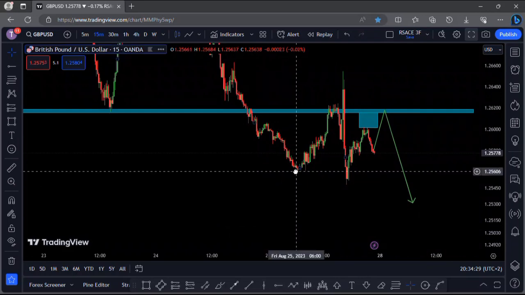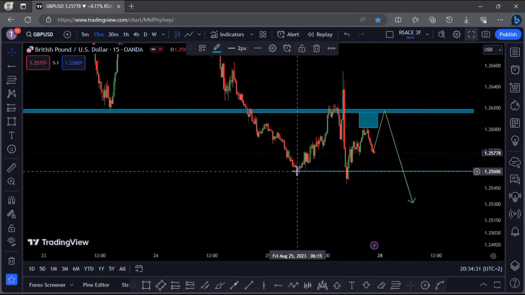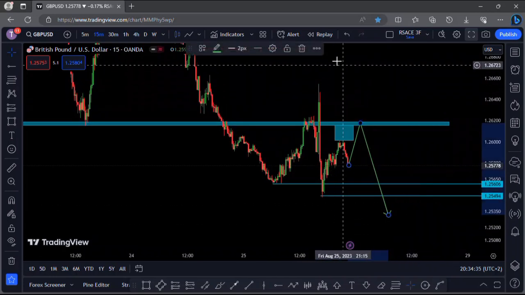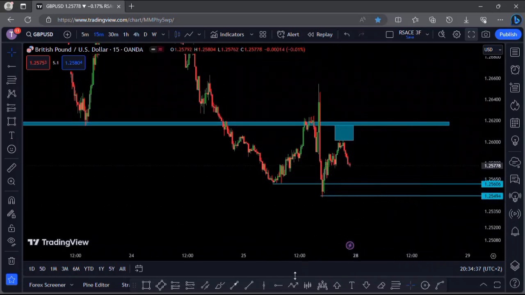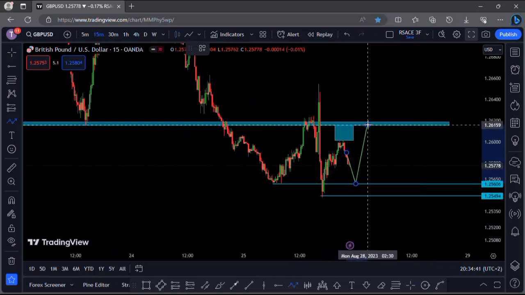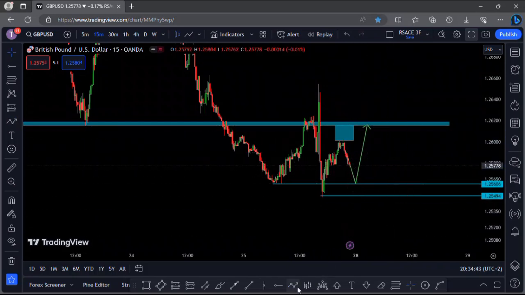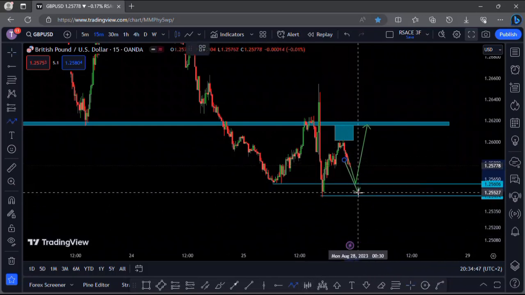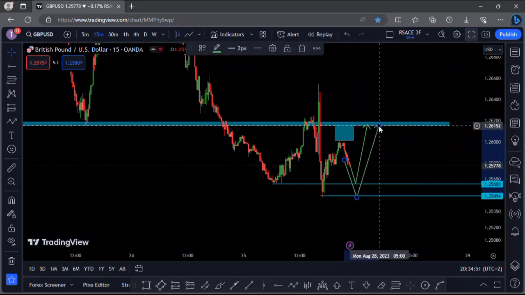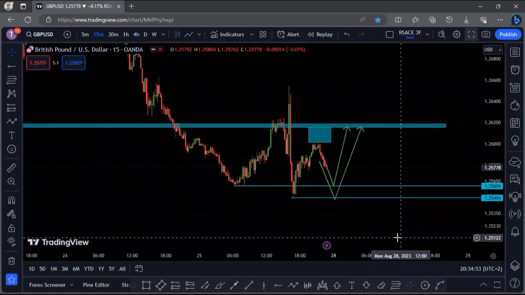Let me do this. I want to mark this previous low and then this other low. It's still possible that the market might come to this point and then go again like that, or it might drop to this point and go up.